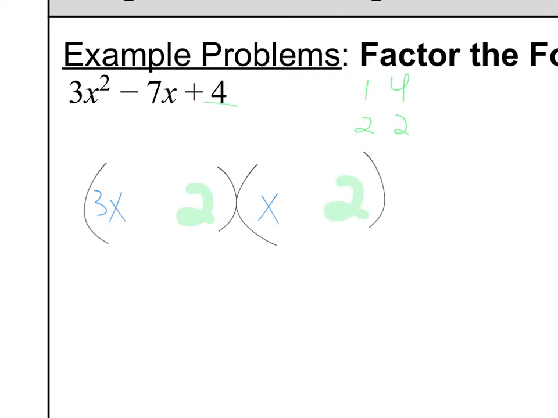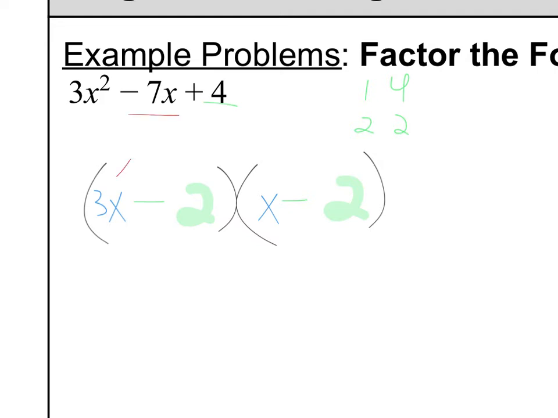So if I put a 2 in each one of those spots, I know that's going to equal 4. I'm seeing here that there's a negative in the middle, so chances are these both have to be negative 2's, because a negative times a negative would make a positive, but for a negative sum I would need negative numbers. Let's double check to see if we get that middle term of negative 7.